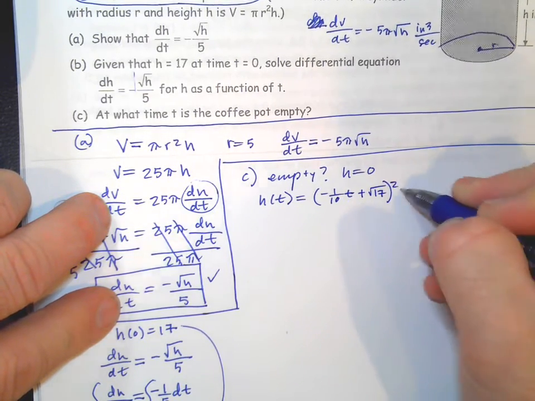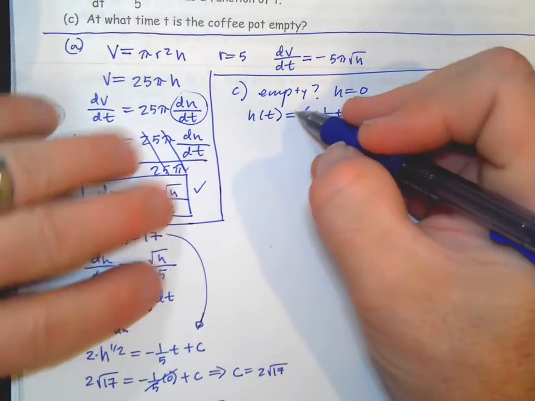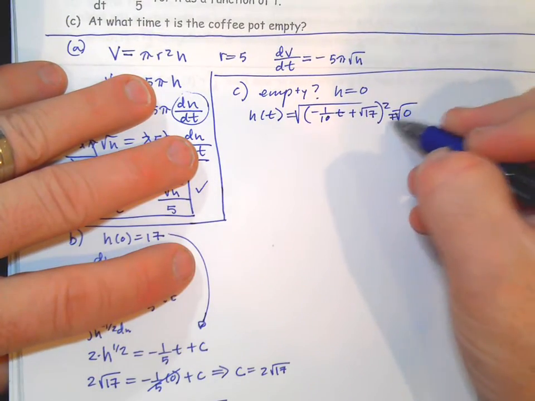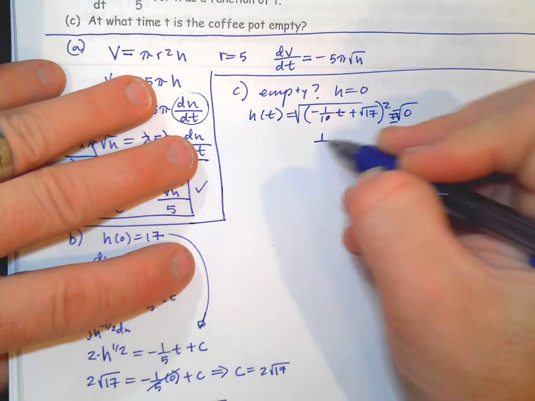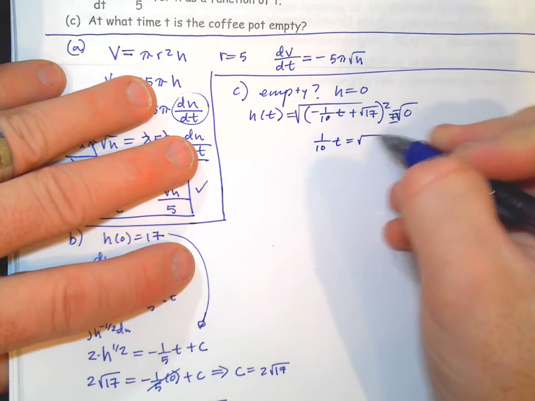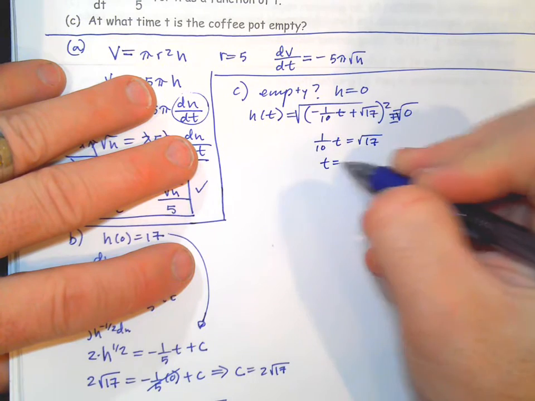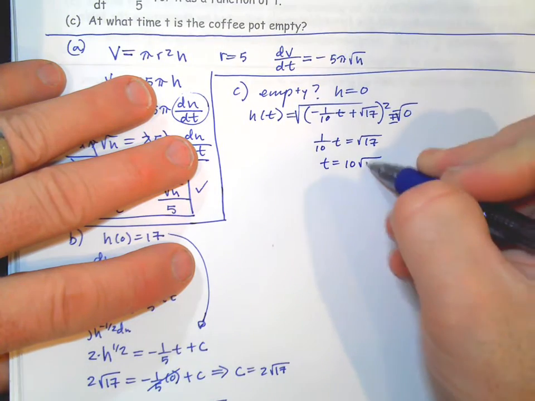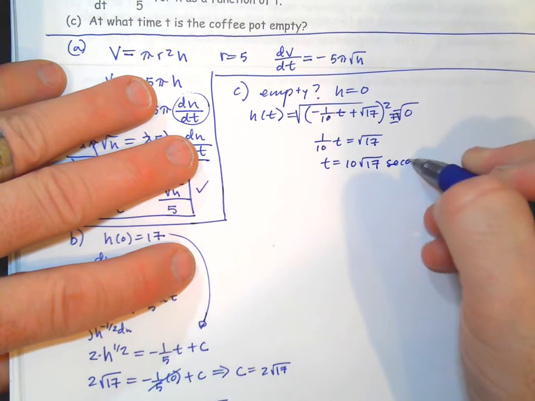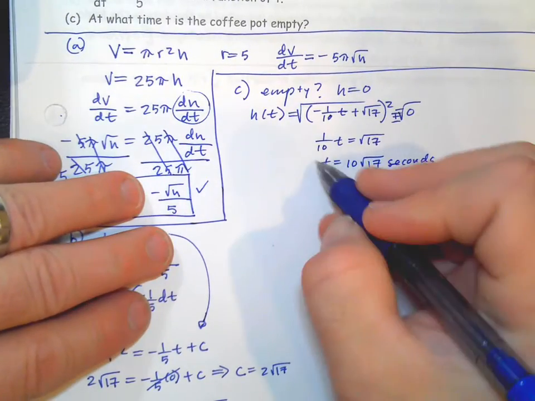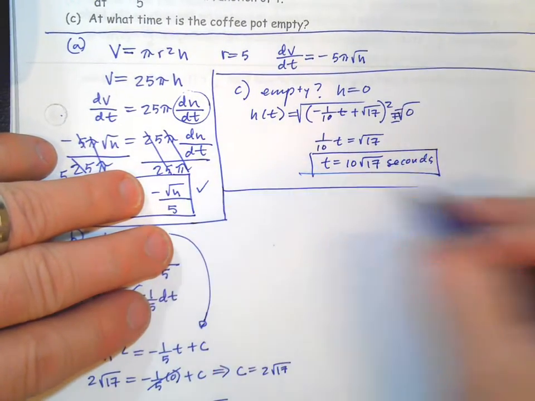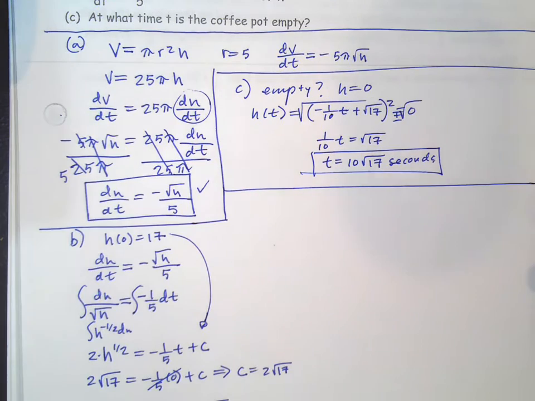So you set your height to 0, square root of both sides, plus or minus. Units are always important. That is when the coffee pot is empty.